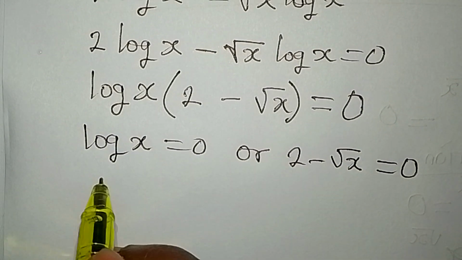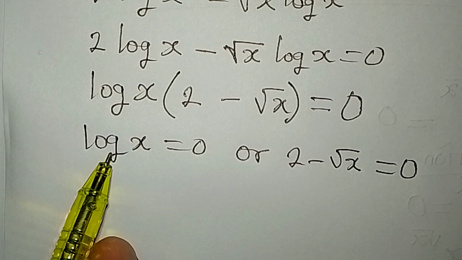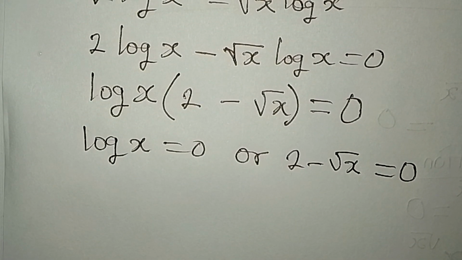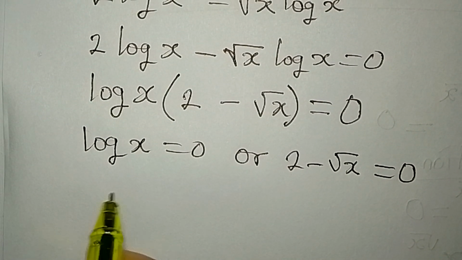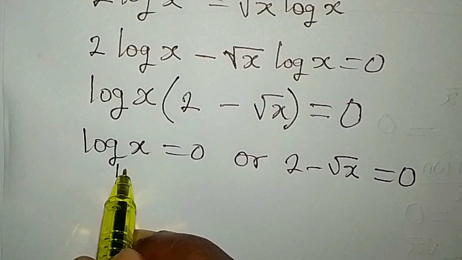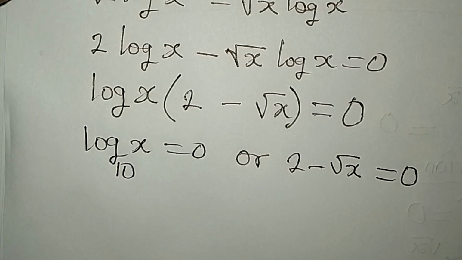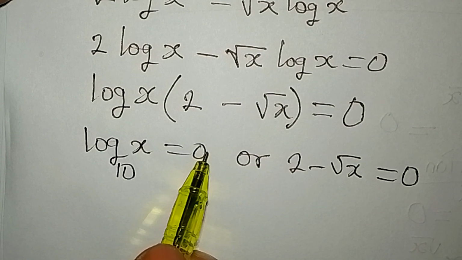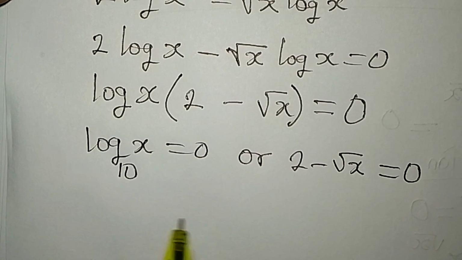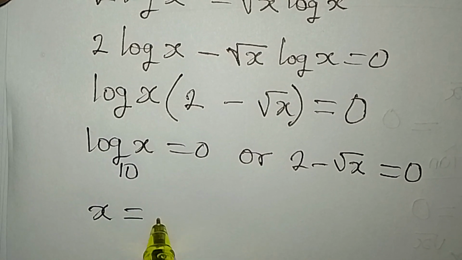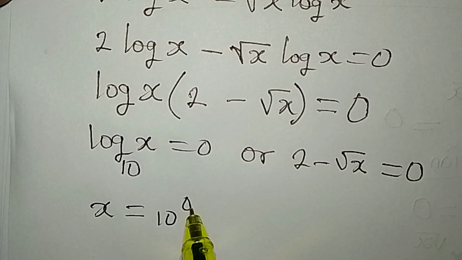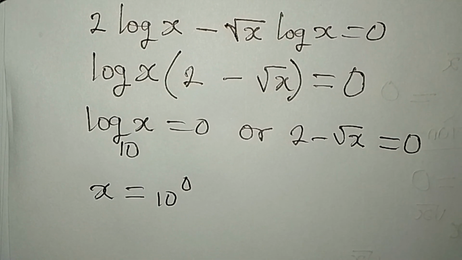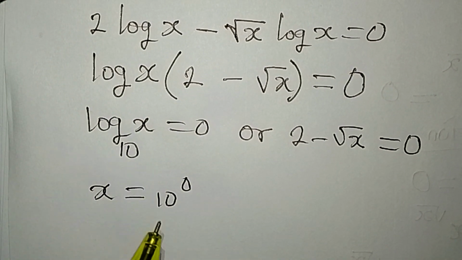Now from here, remember that if you have a log like this without any base indicated, it means that it is automatically in base 10. So from here, we say that it is 10 to the power of 0 that should give you x. So our x is equal to 10 to the power of 0. That is, if you want to relate your logarithm to indices. That is what you do.